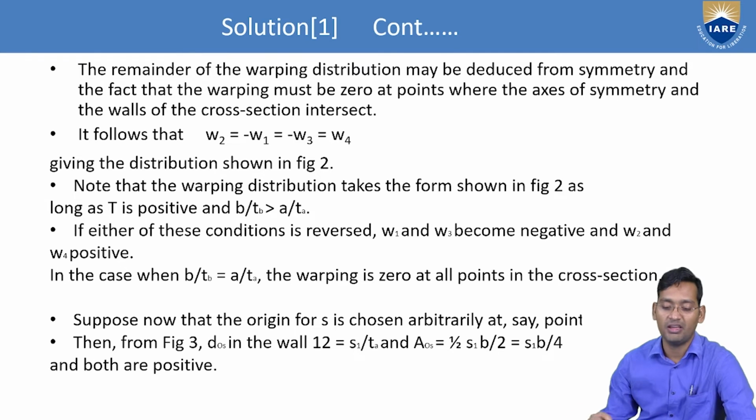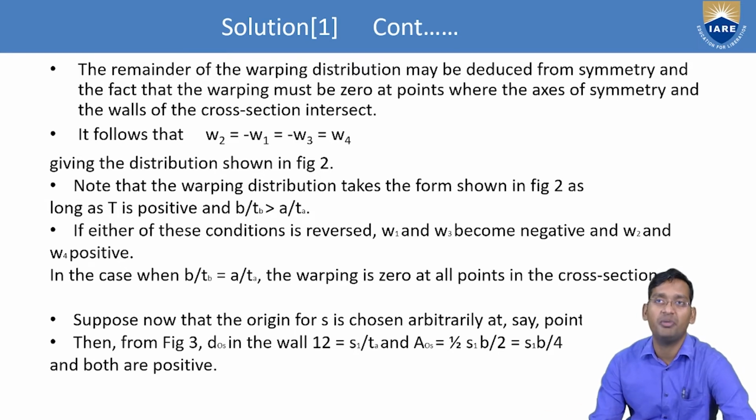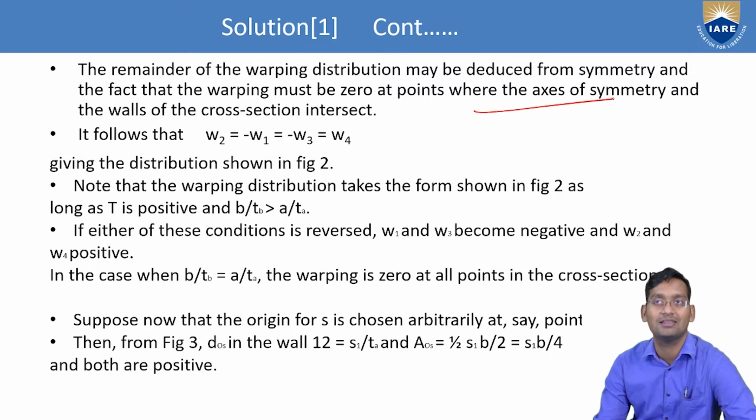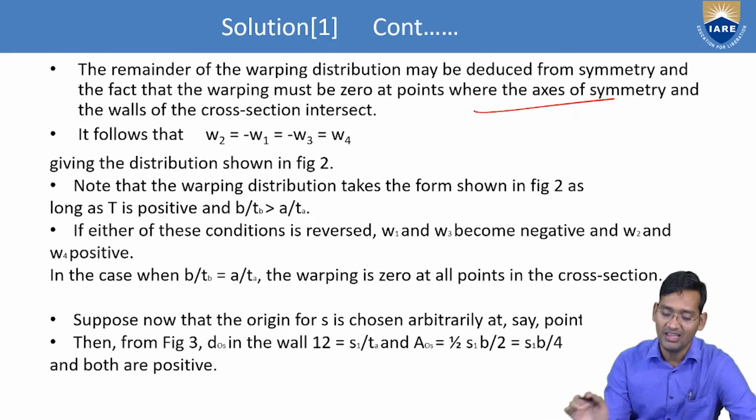The remainder of the warping distribution may be deduced from symmetry and the fact that the warping must be 0 at the point where the axis of symmetry and the wall of the cross section intersect. So where the axis of symmetry and the wall of the cross section intersect, we have to assume warping is 0. Hence W2 equals minus W1, because W1 plus W2 should be equal to 0.